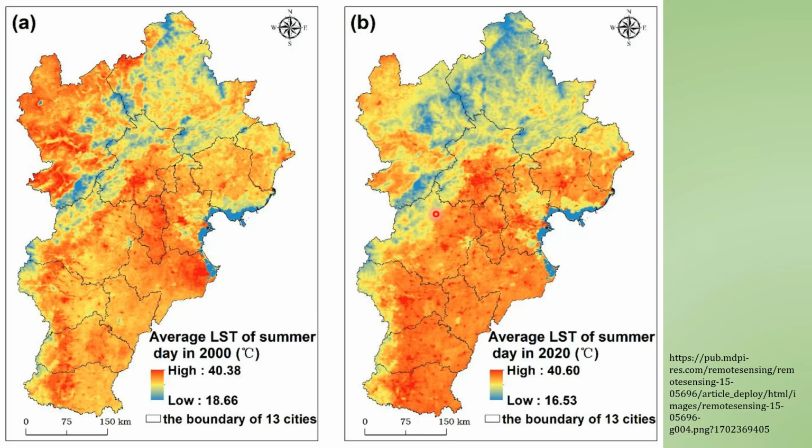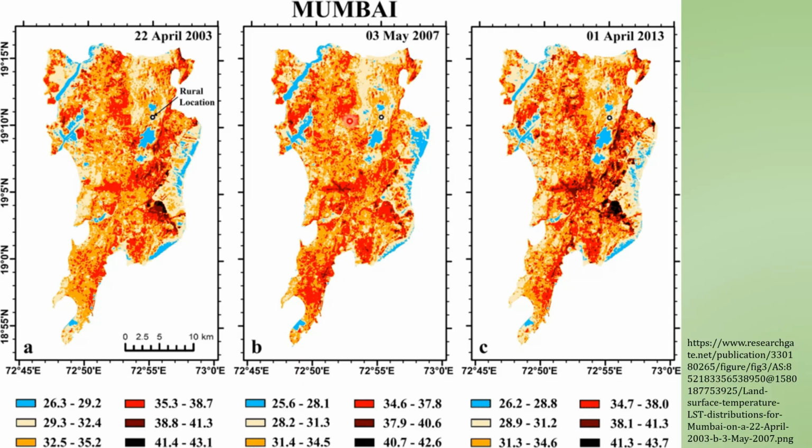This image has been taken from a research paper where authors have shown the average land surface temperature of a summer day in 2000 and in 2020. So they have compared the land surface temperature of a place over the period of 20 years. Similarly, this image has been taken from another research paper where authors have shown the land surface temperature distribution, and here we have the range of temperature.